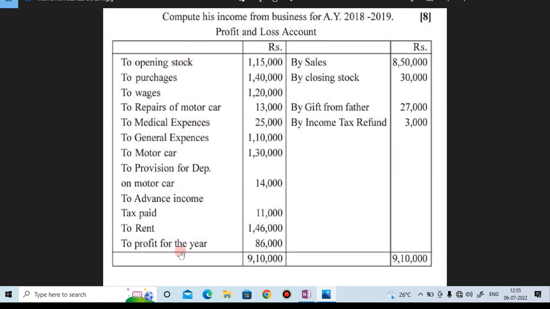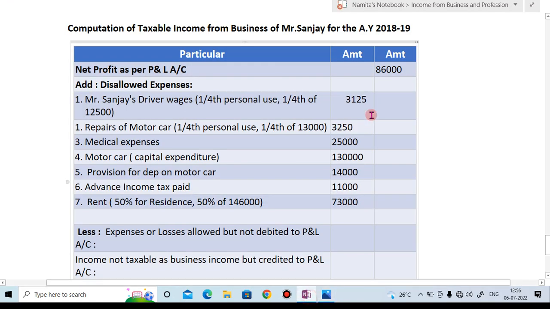Okay. Now last is net profit we have taken into consideration. So all the debit side items, some things we have taken as disallowed expenses, which are not related to the business. Now add all these: 3,000, 3,125, 3,250, 25,000, 1,30,000, 14,000, 11,000 and 73,000.